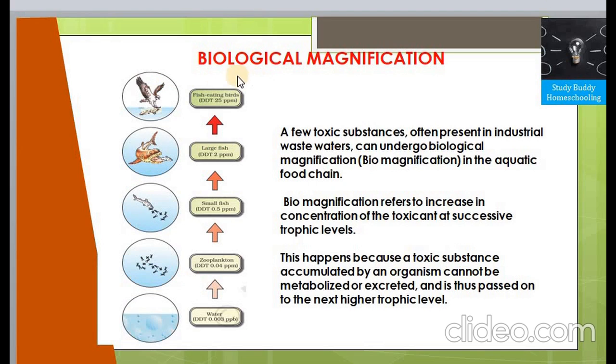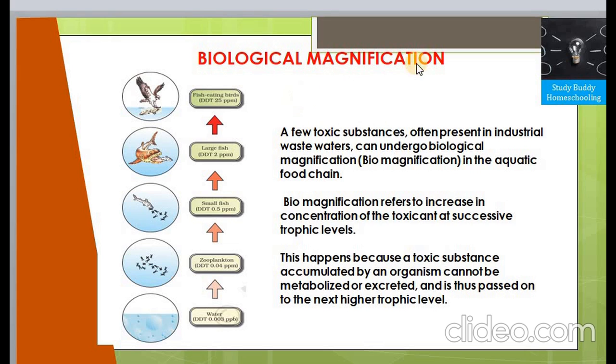Now let's see the topic biological magnification. It's a very important topic and it applies to aquatic ecosystems, be it pond ecosystem, river ecosystem or marine ecosystem. What happens is industries always throw their waste, industrial effluents, rich in chemicals like DDT, mercury and all heavy metals.